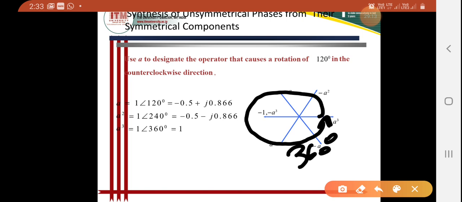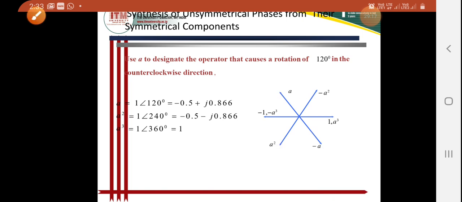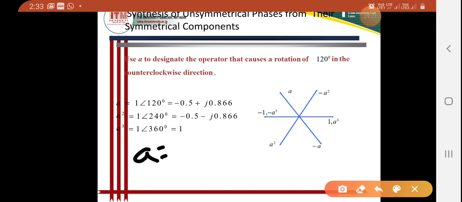When I am writing A, what is the magnitude of the reference vector? The magnitude is normally 1, so these are unit vectors we have considered here.